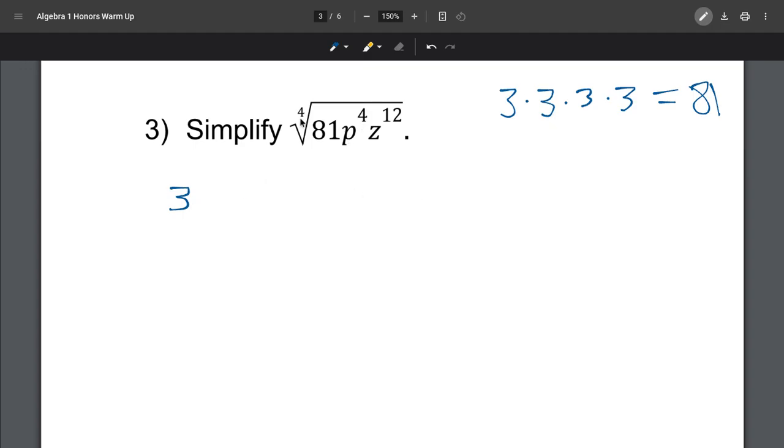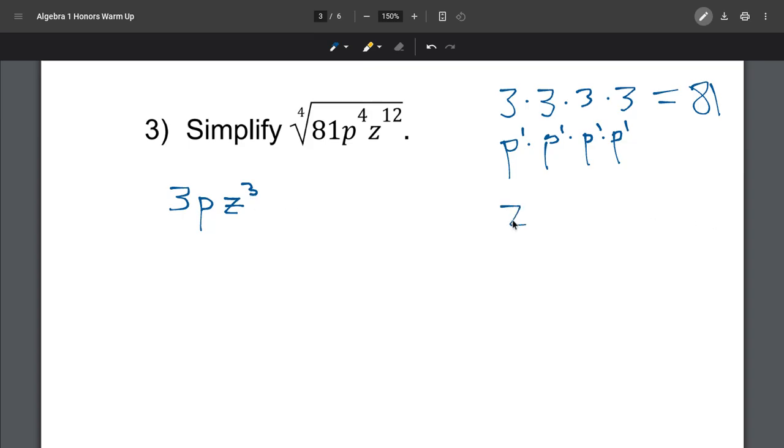Again, p to the fourth times the 1/4 power, that's going to be p. Also, you could think of it as p times p times p times p. These are all p to the first, so this adds up to 4. And then z to the 12th, the fourth root of that will be z cubed.